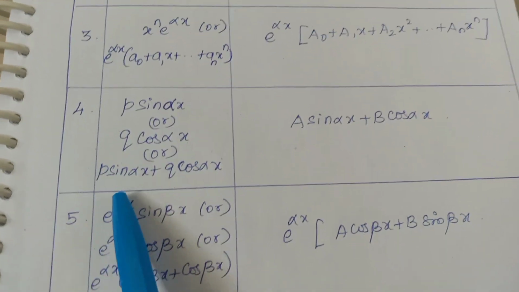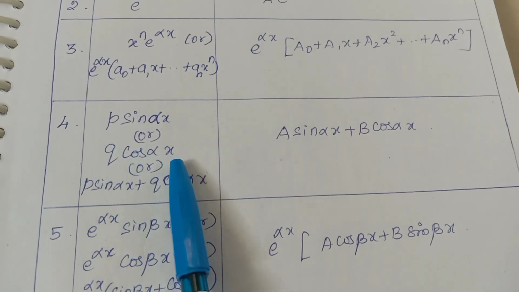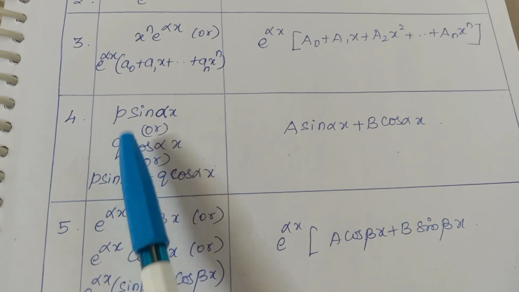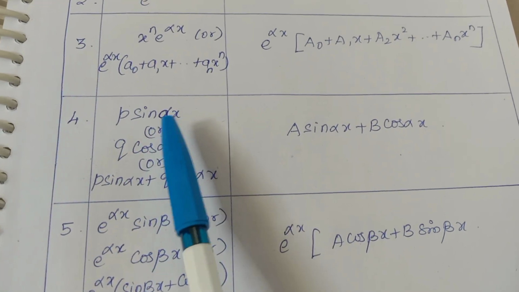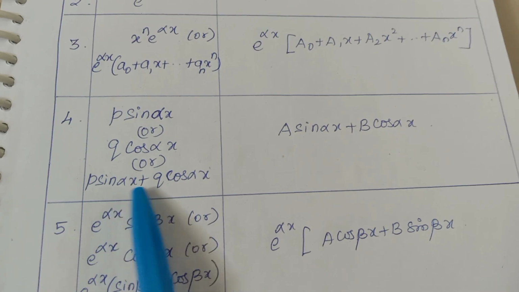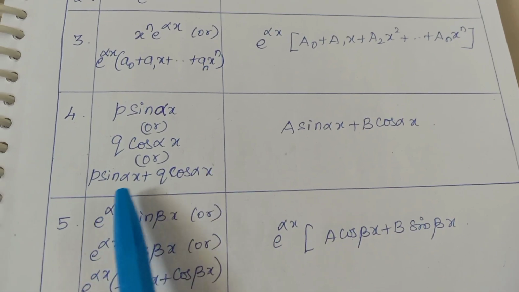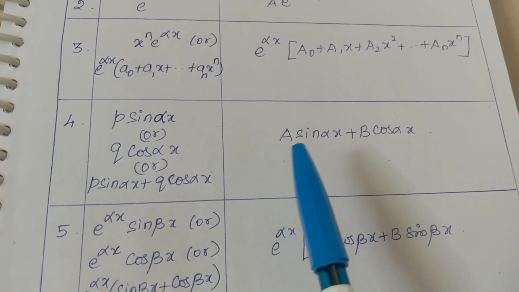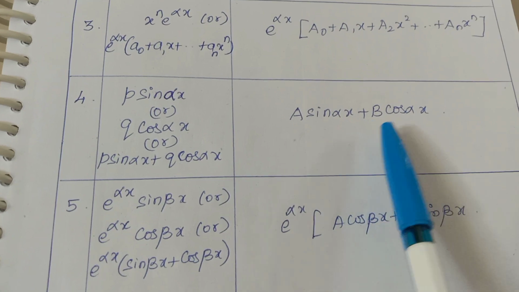Then the fourth case is when the right hand side is of the form p sin alpha x or q cos alpha x, where p, q are constants; they don't mean anything else, they are just constants. So when the right hand side is of the form sin alpha x or cos alpha x or any linear combination of sine and cos, the trial solution is simply a sin alpha x plus b cos alpha x.